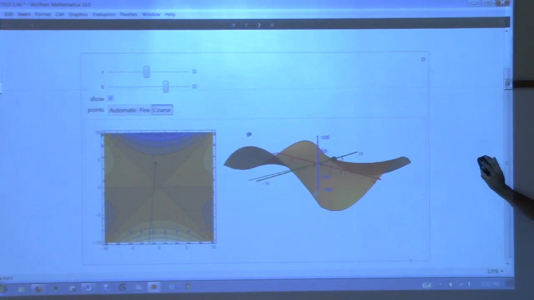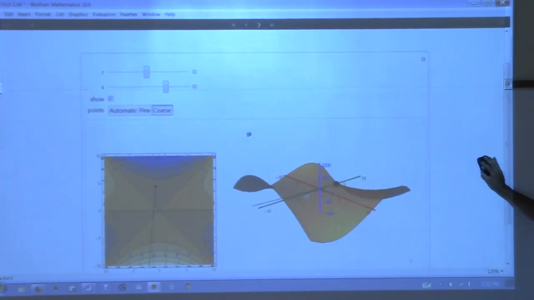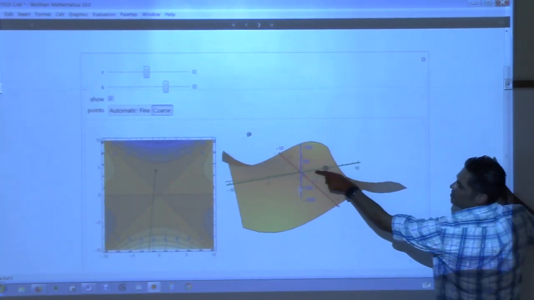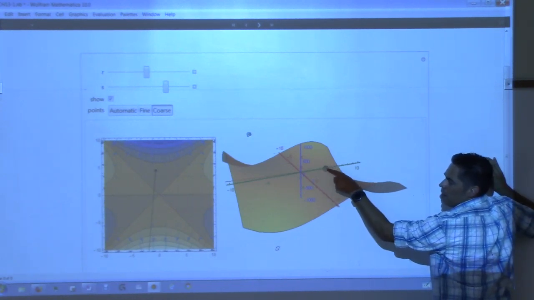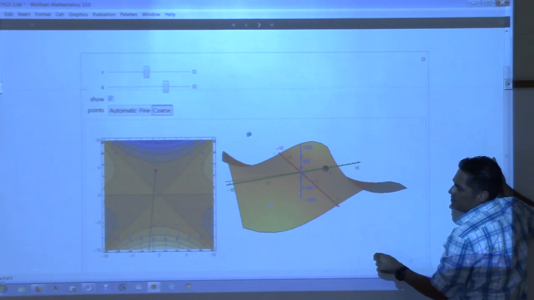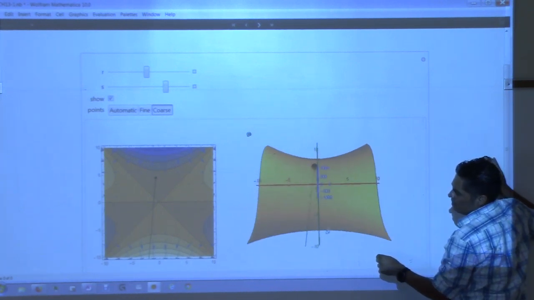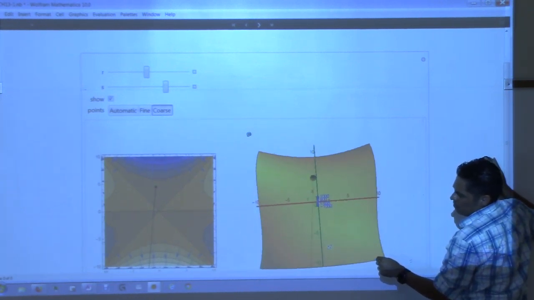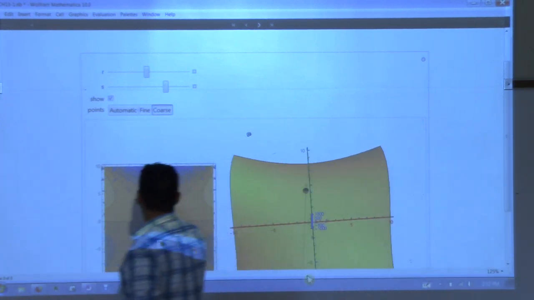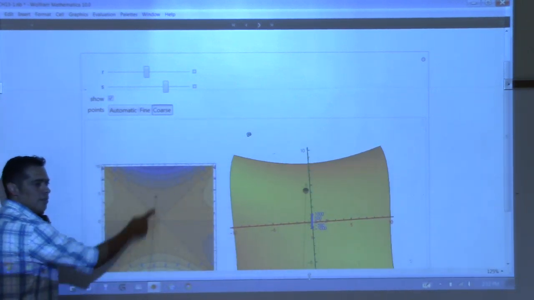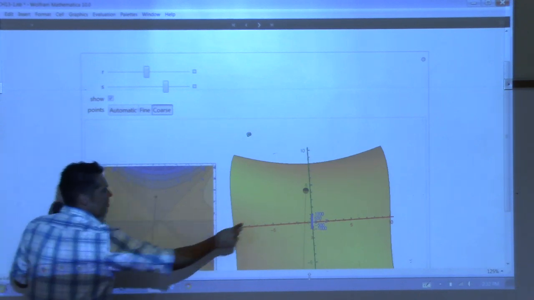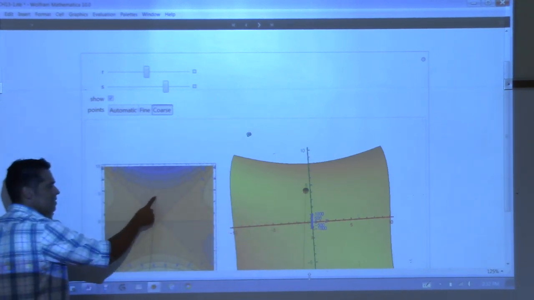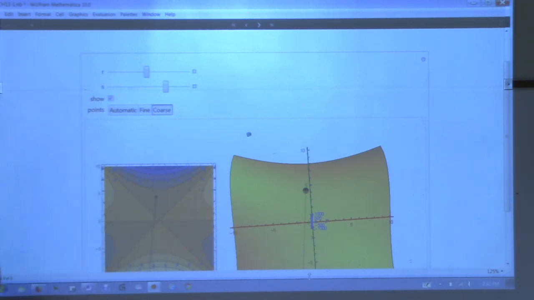Can you tell that I've gone off that back edge of the surface? I'm almost rolling off the edge here. If you were at this point, your direction of steepest descent is the direction of that vector right there, which corresponds to the gradient vector. So this is your gradient vector field, and that point right there, corresponding to this in two-dimensional space, is that vector. Yes? Okay.